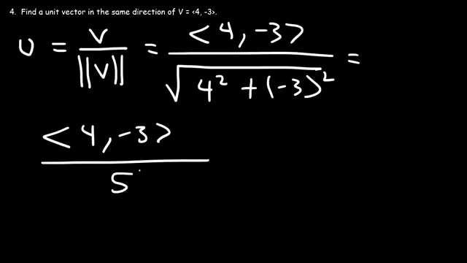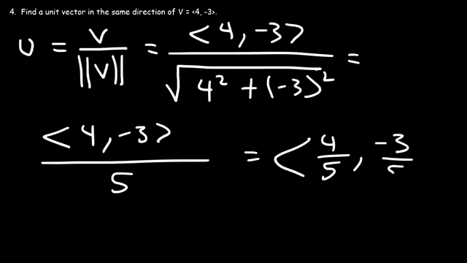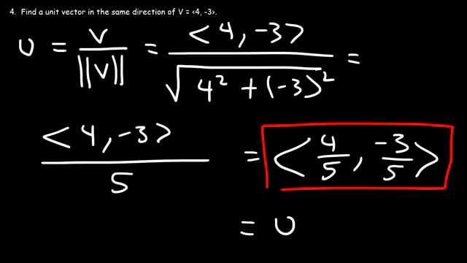And now what you could do is divide each number by 5. So 4 divided by 5 is just 4/5, and then we have negative 3 divided by 5. And so this is the unit vector of vector v. It's 4 over 5 comma negative 3 over 5. And if you want to check it, you need to show that the magnitude of this vector is 1. And let's do that. But let me make some space first.